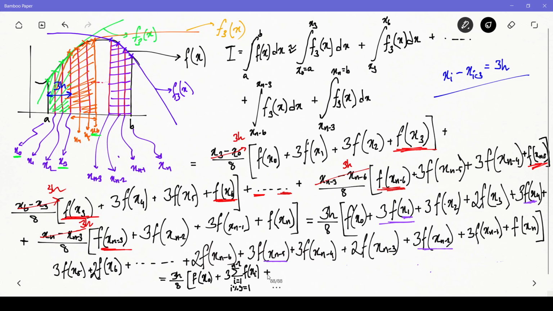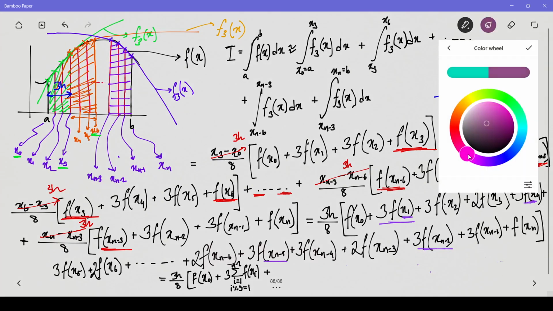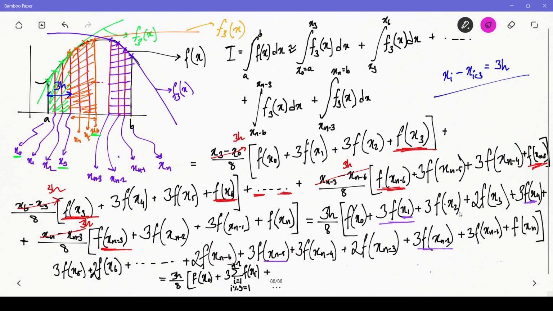Now let's see what we can do for the second of these two consecutive terms. So let's choose a different color. Notice that when we take the second term of these two consecutive terms, the subscripts are 2, 5, then n minus 4, then n minus 1.